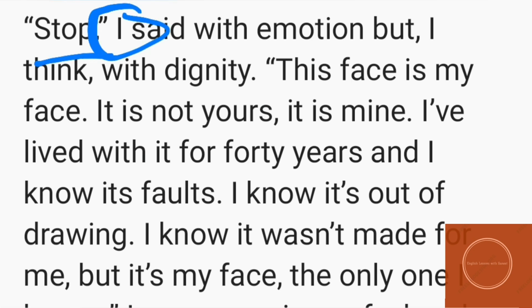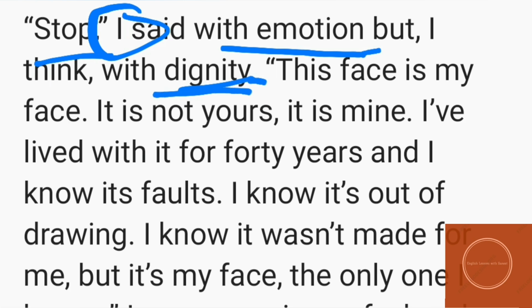The I over here is the narrator of the story, the main protagonist. I said with emotion, because he was getting emotional because of the mean comments that he was getting about his body from a person whom he does not even know properly. But I think with dignity, means though he said stop with emotion, in a high tone, he said it with dignity. So dignity here means he said it with respect.